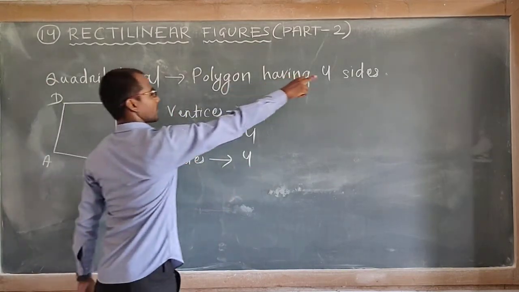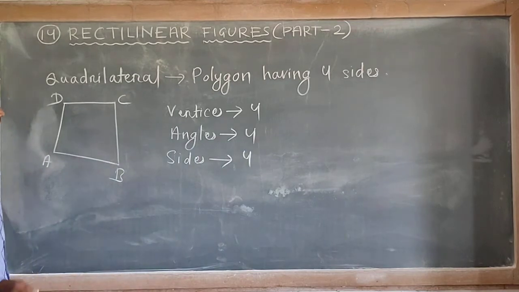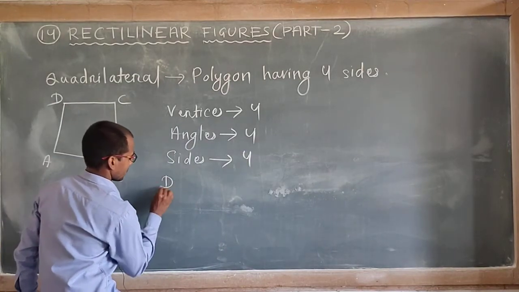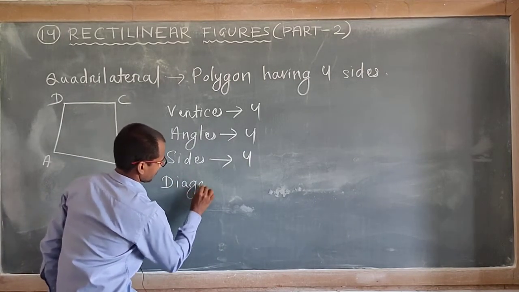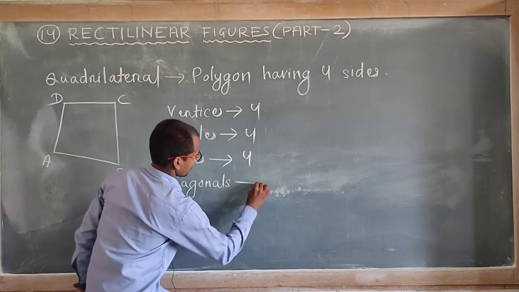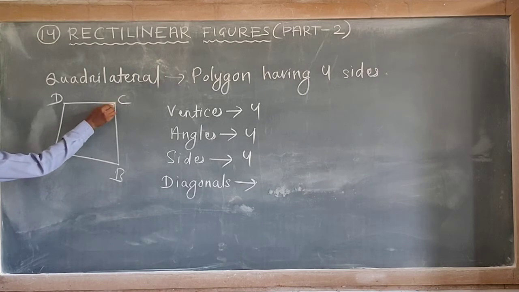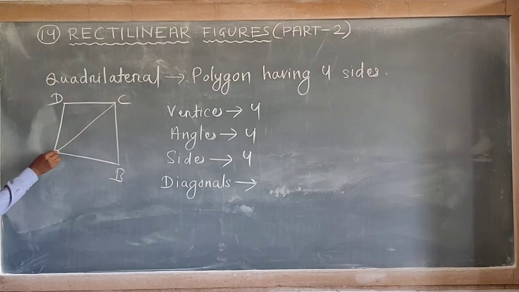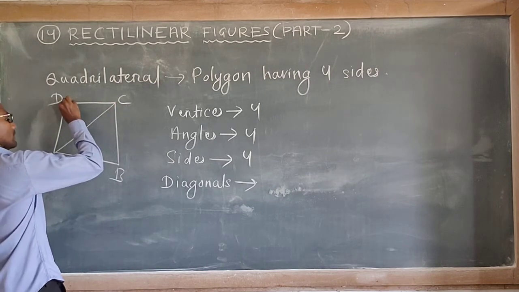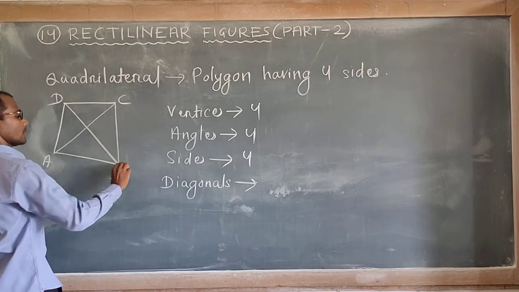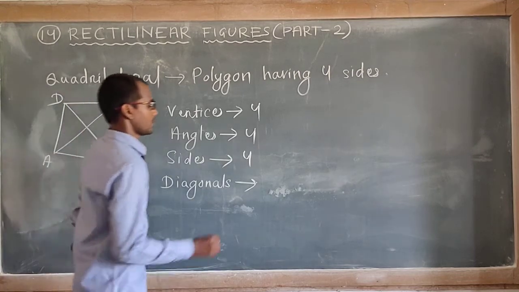Then diagonals. How many diagonals are there? 1, 2. 2 diagonals are there.